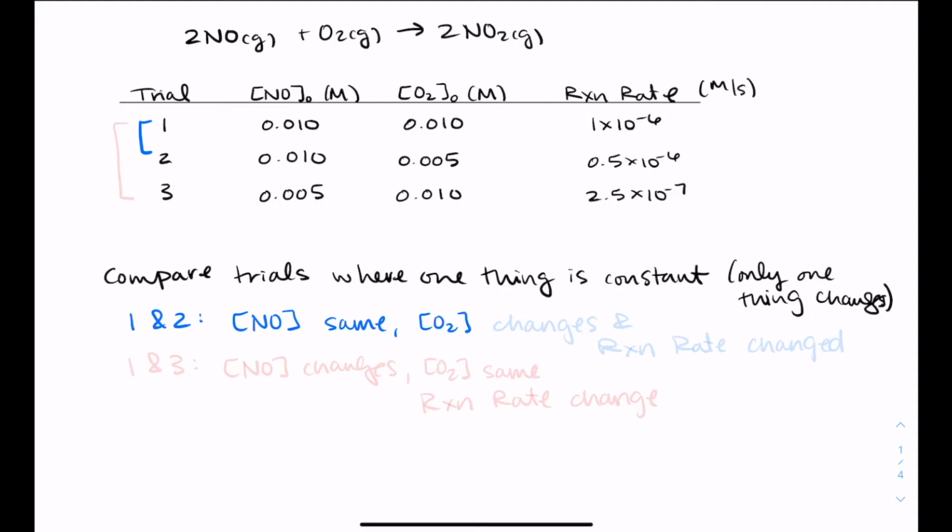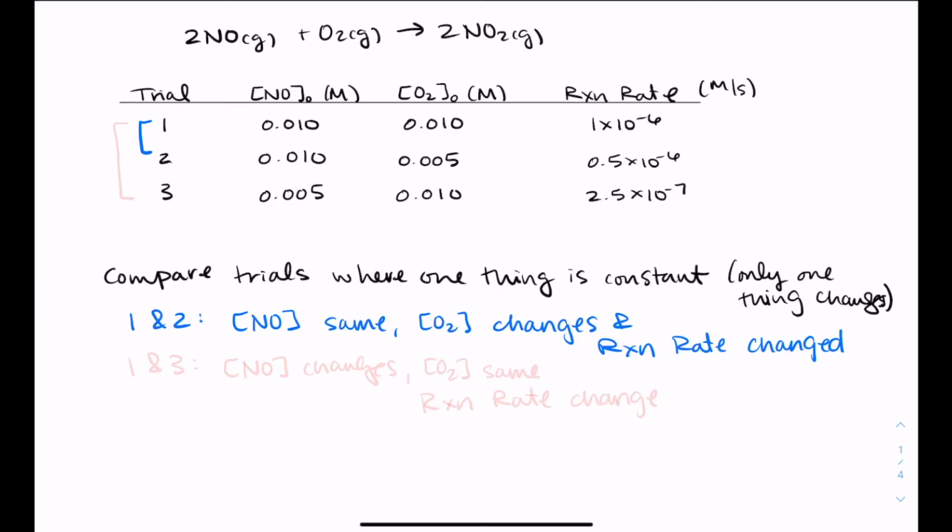My O2 concentration changes, and my reaction rate changed. Now, the amount by which it changed, we're going to get into all of that. This is just what it means to have a concentration dependence. It means that when the initial concentration of something is changed, the rate of the reaction changes in those initial seconds that we're measuring.